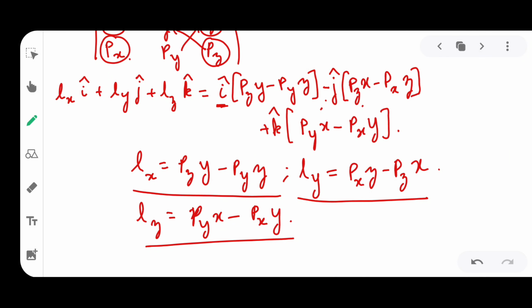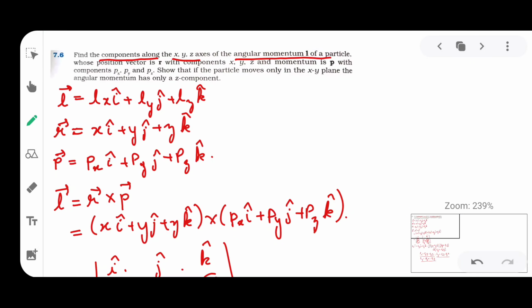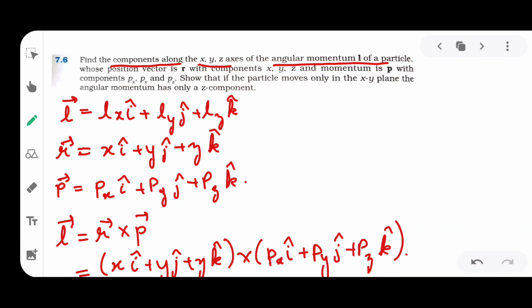Now we will solve the second portion. Show that if the particle moves only in the xy plane, then the angular momentum has only a z component.